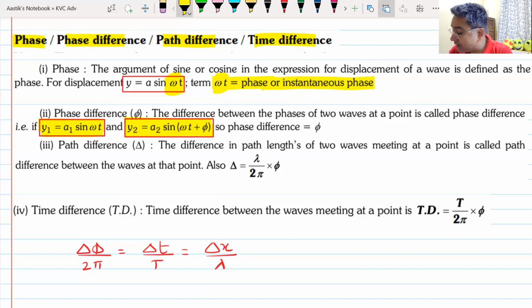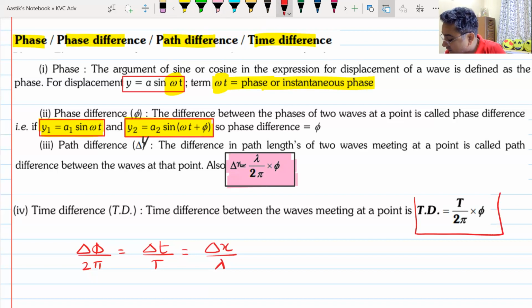You can also find out the path difference. I will call it delta x. The path difference delta x would be equal to lambda by 2 pi multiplied by the phase difference phi. You can also find out the time difference delta t, equal to T by 2 pi into phase difference.